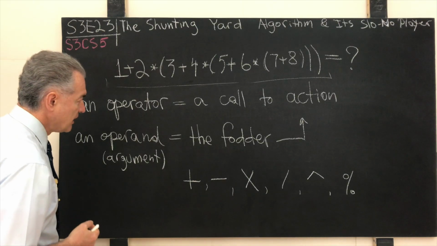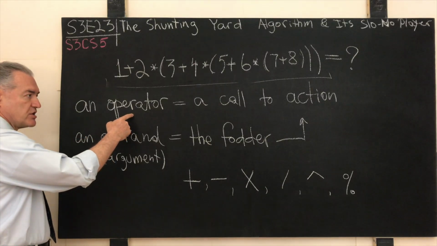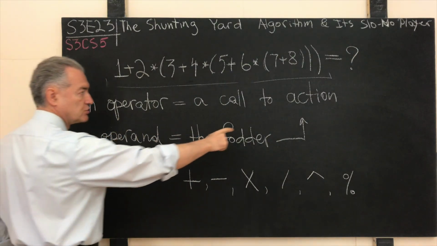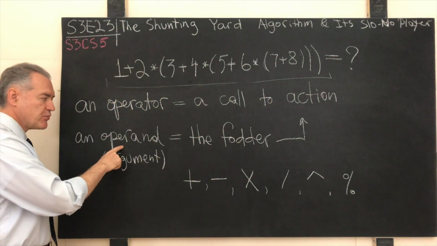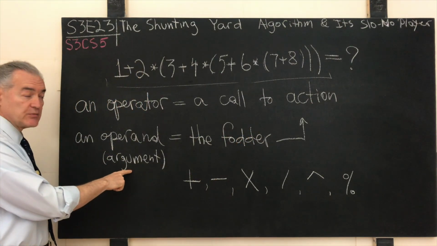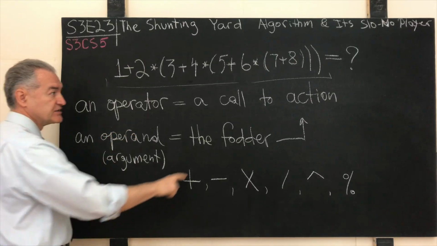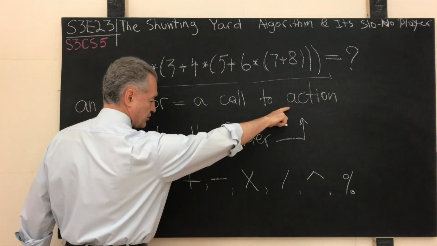algorithm. Now, an operator in general is a call to action, let us do something, and an operand or an argument to the operator is the fodder for that action.